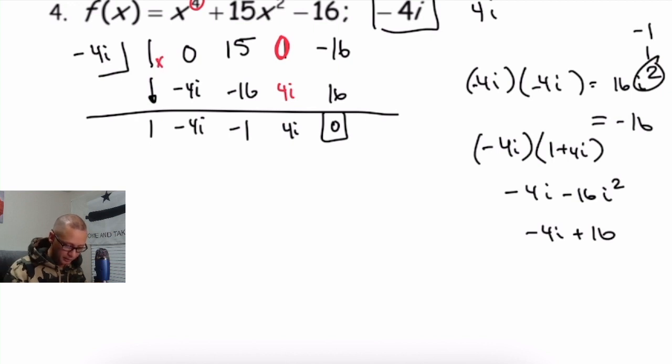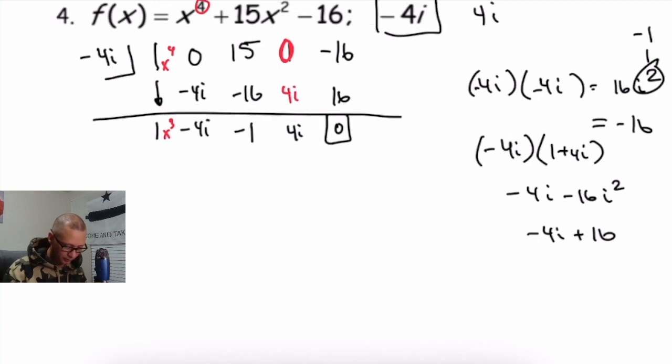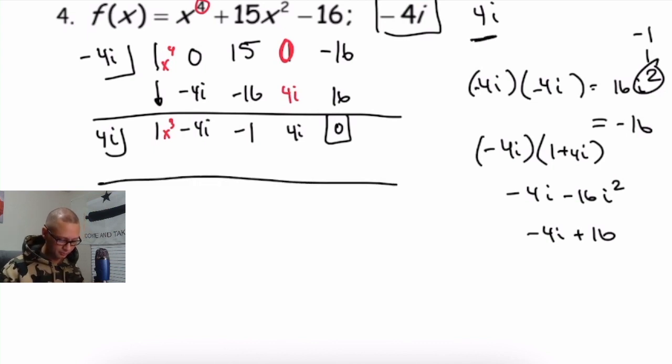All right, because this was x to the 4th, this is going to be x cubed. And we're going to do synthetic division, but with positive 4i, because that's the other root. So bring down the 1, and this one should be nice. It's always nice the second time through.